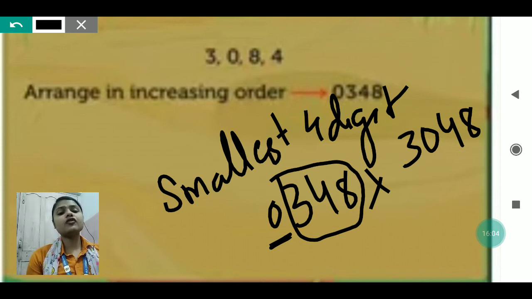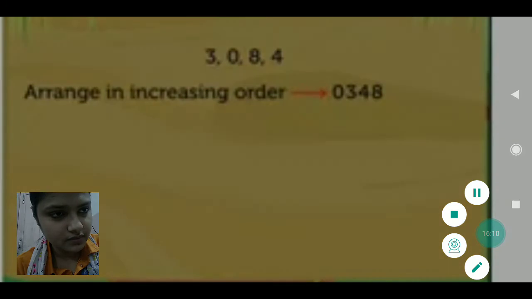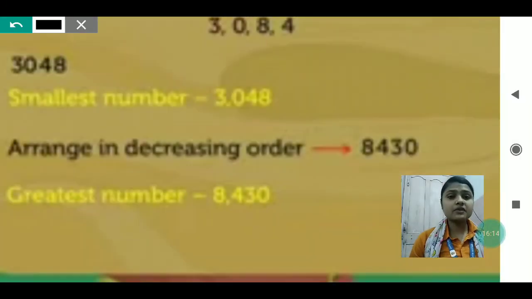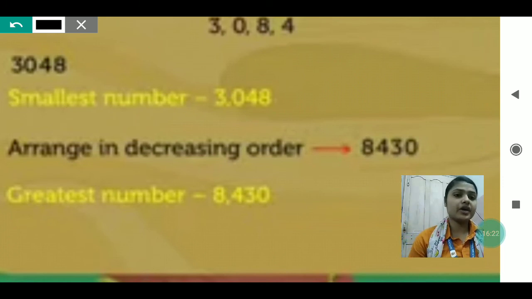If you write 0348, it is not possible, because in that case it is a 3-digit number.